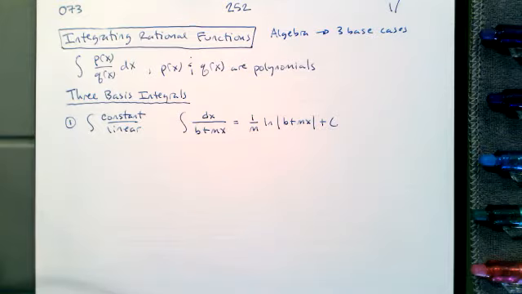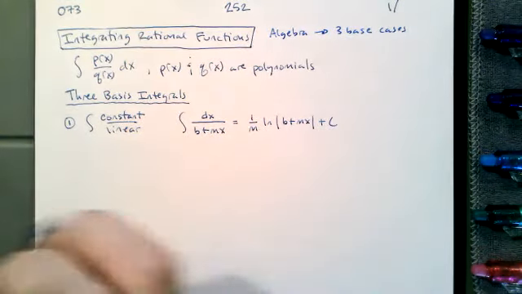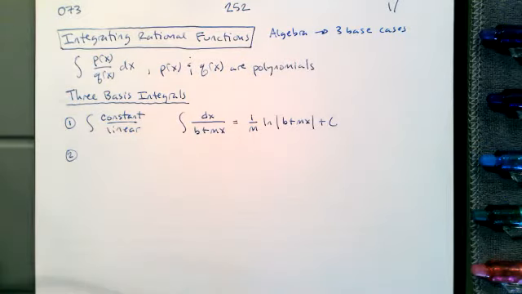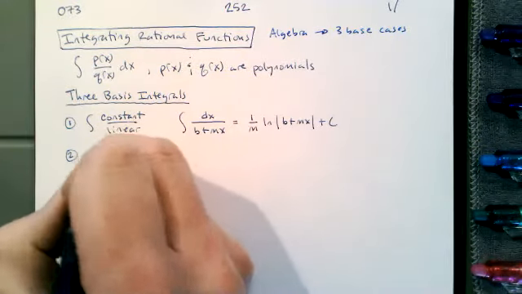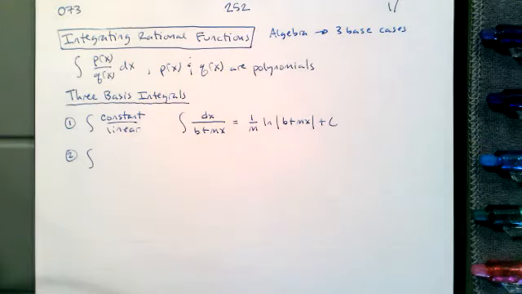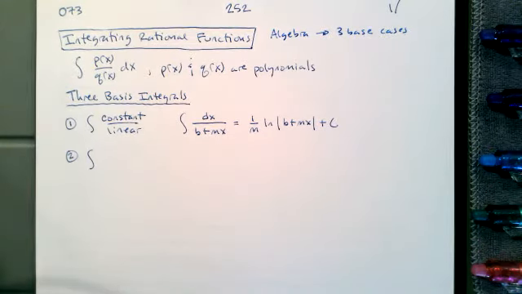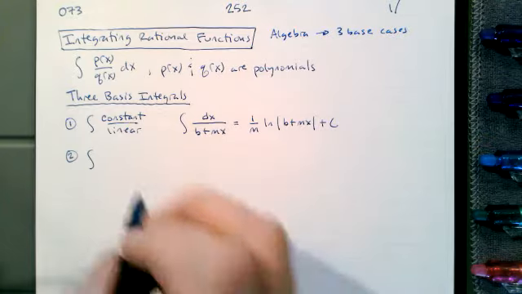So number 2. The two that we really need, where we have a constant over a quadratic with linear, sorry, getting my words all mixed up. Good thing I'm recording this. Next case is if we have a constant over a quadratic with complex zeros.